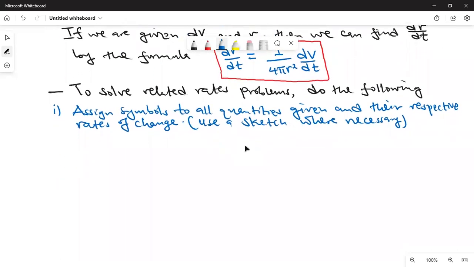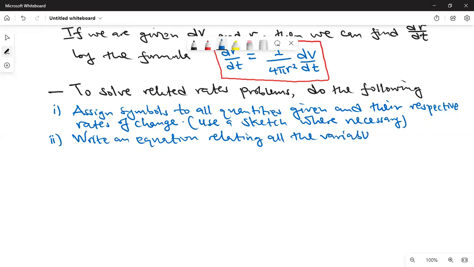Next, the next step is number 2. You need to write an equation relating all the variables whose rates of change are given or are to be determined.